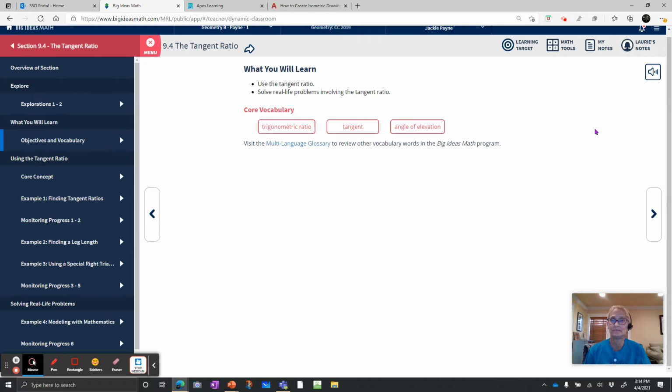We are starting a new section today called the tangent ratio. We will go on to other ratios, but the first thing you have to understand is it is easiest to use the tangent ratio when solving real life problems. The tangent ratio, in a nutshell, is when you take an angle and you write the length of the opposite side over the length of the adjacent side, and we call that tangent.